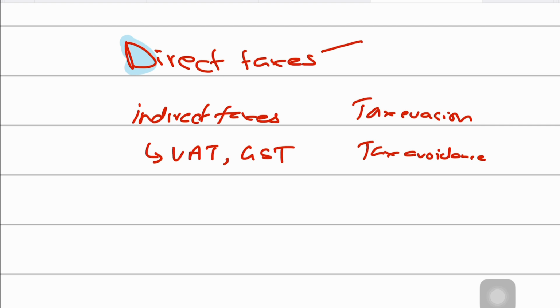Because they're progressive in nature, they wouldn't cause income inequality, because you are targeting high income earners and profitable businesses. And also direct taxes are more transparent, right?